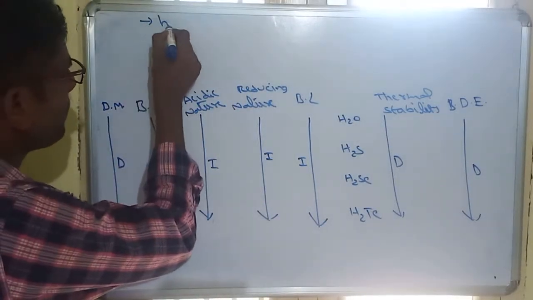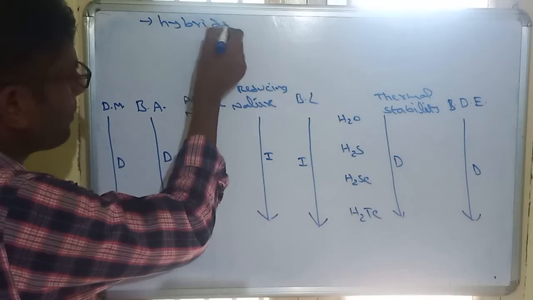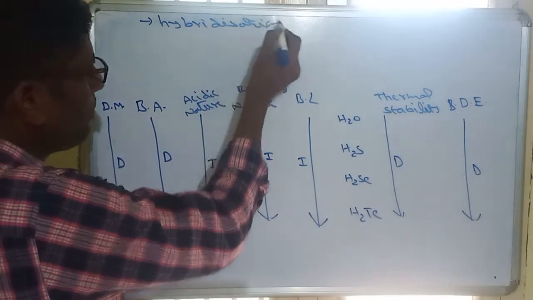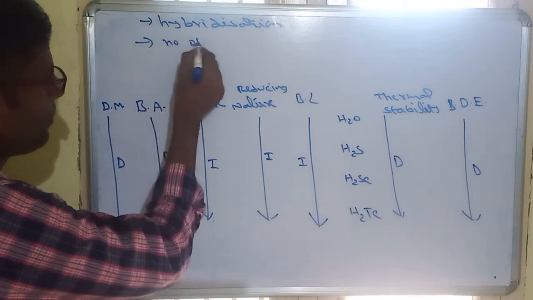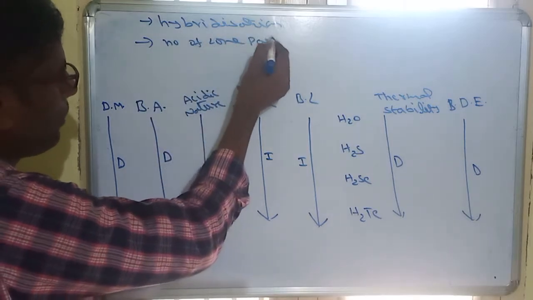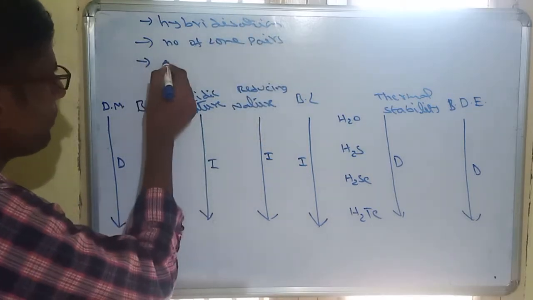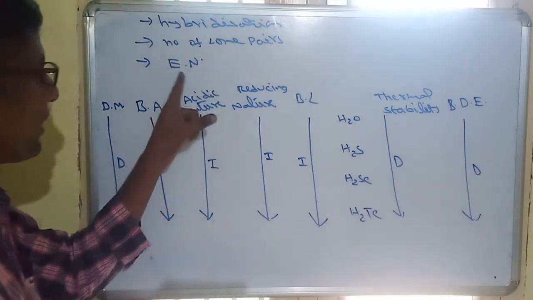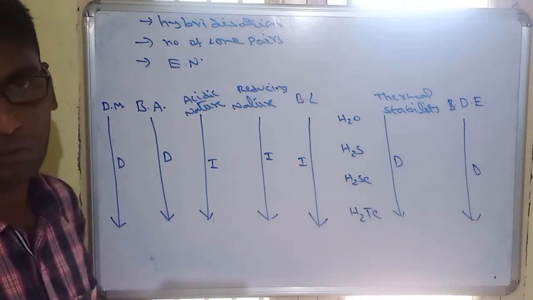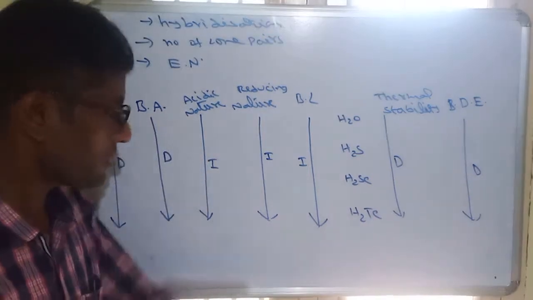First we use hybridization to determine bond angle. After that we use the number of lone pairs. After that we use electronegativity. So these three parameters are used to describe bond angle values.